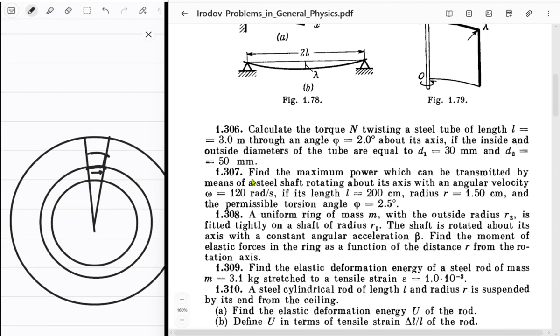Wait, this is just stupid, because they didn't actually give us the material and they don't even want us to figure out the strain and whatnot. They just want the torque because of these elastic forces, which is so elementary.